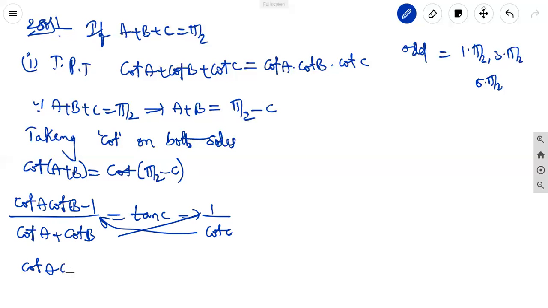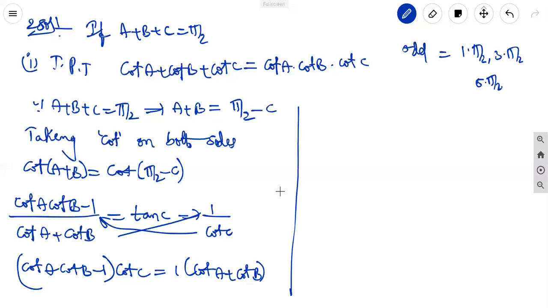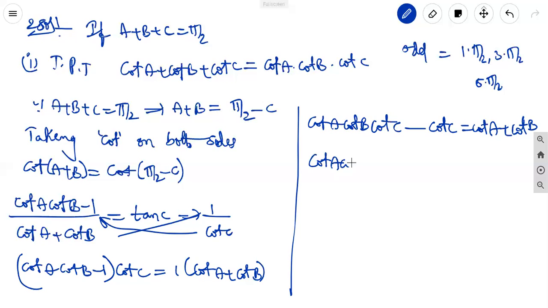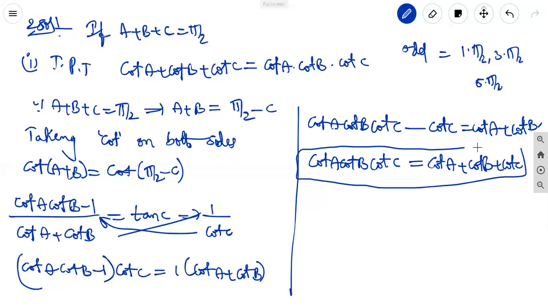cot A into cot B minus 1 whole into cot C equal to 1 into cot A plus cot B. Multiplying out, cot A into cot B into cot C minus cot C equal to cot A plus cot B. Then we get cot A into cot B into cot C equal to, taking this minus cot C to the right side, cot A plus cot B plus cot C. Then it is proved.